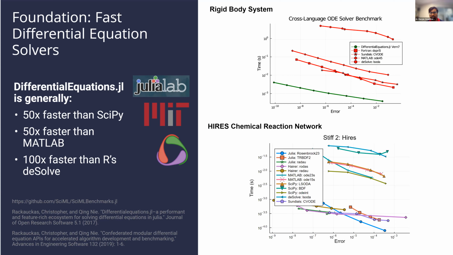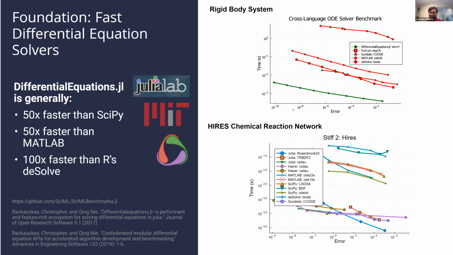Just to give you a flavor of what I mean, look at the benchmark plots on the top right and bottom right. These are called work precision diagrams. They answer the question: if you want a solution to a particular accuracy, how much computational time should you spend?